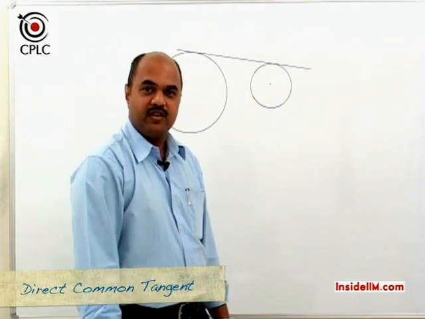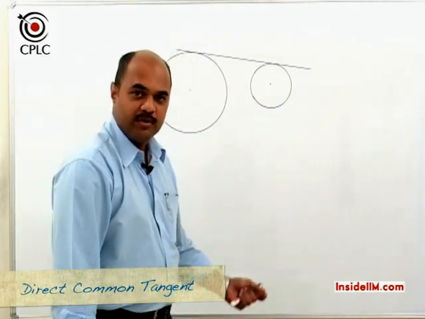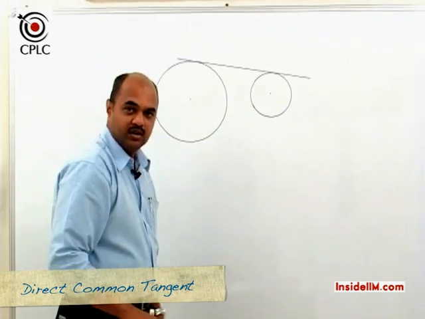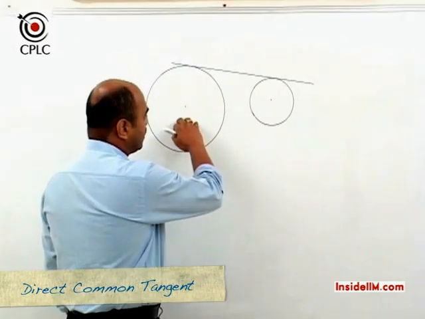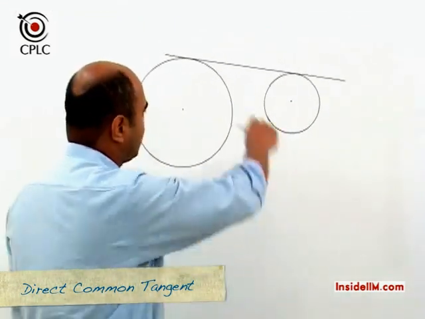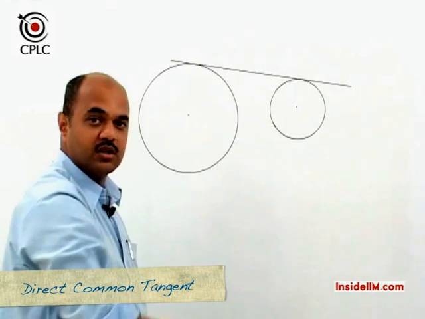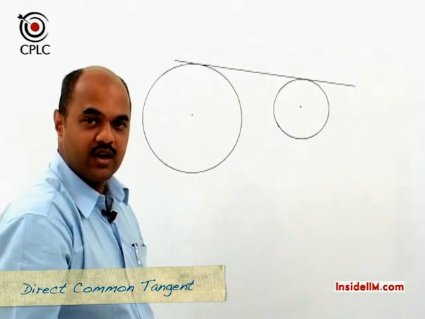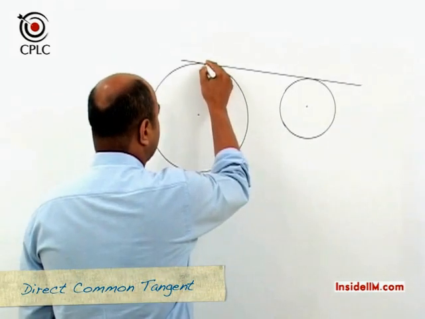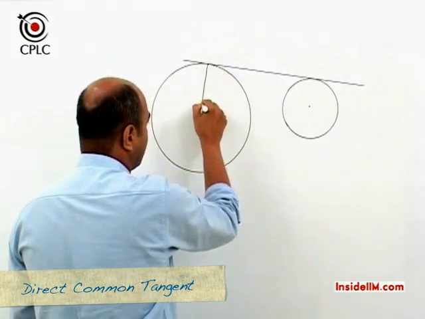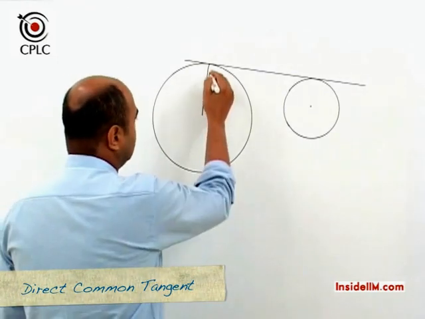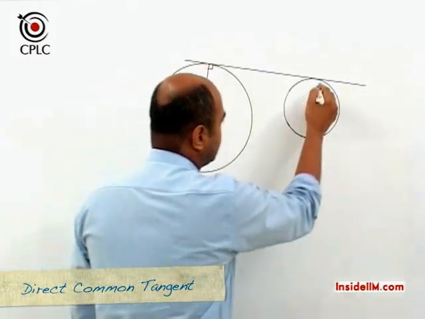When we look at this property for common tangents, we can have common tangents drawn in two ways. The first way is what is represented here, where you have the two circles on the same side of the tangent. So you have a tangent common to two circles, and the two circles are on the same side of this tangent. Suppose we join the center to the point where the tangent touches the circle, then this would be 90 degrees.